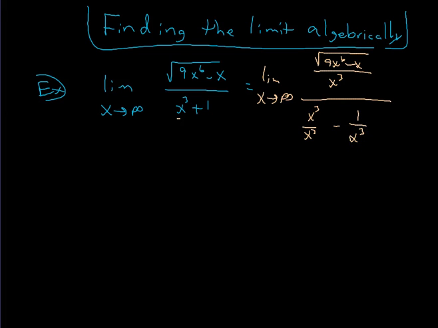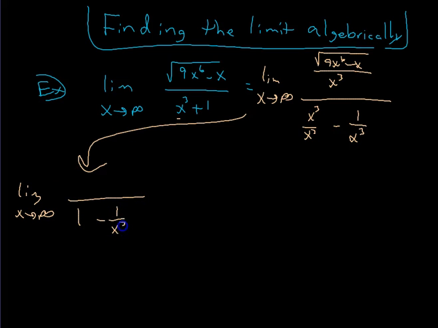Alright, so the denominator simplifies pretty easily, giving you the limit as x approaches infinity of, the denominator becomes 1 subtract 1 over x to the 3rd.